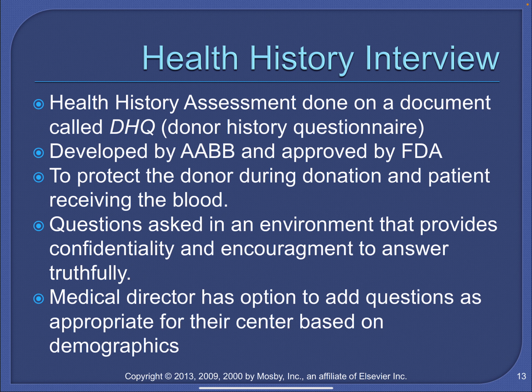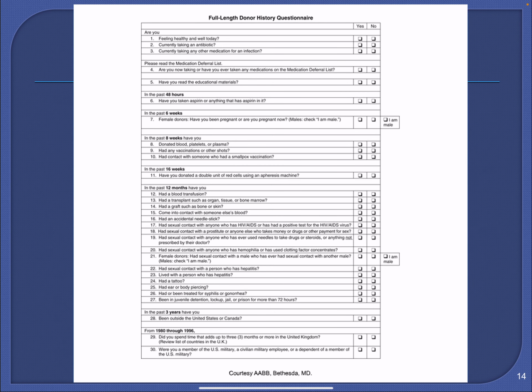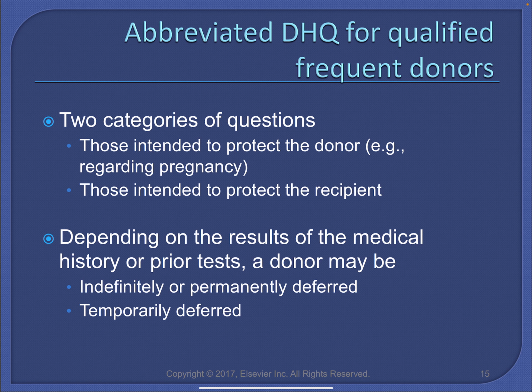There is an abbreviated DHQ that is the same thing, a form of this health history interview process, but it's abbreviated. The point of doing this is really to improve the donation process for frequent donors and also to maintain the safety of the blood supply, obviously. You would do an abbreviated DHQ for frequent donors, which include a donor history.